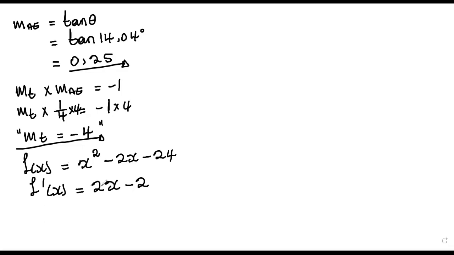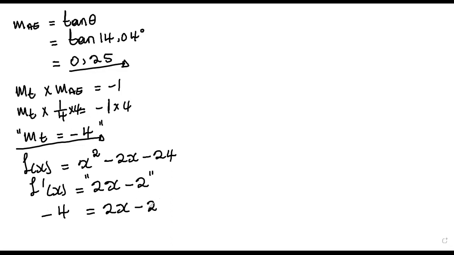Because at the point of tangency the gradient of the tangent and that of the function are equal, you might as well equate them.